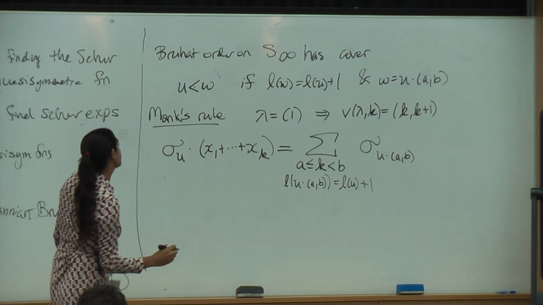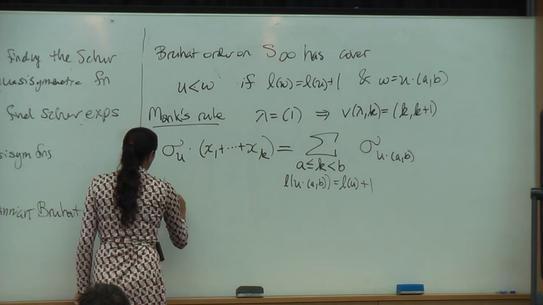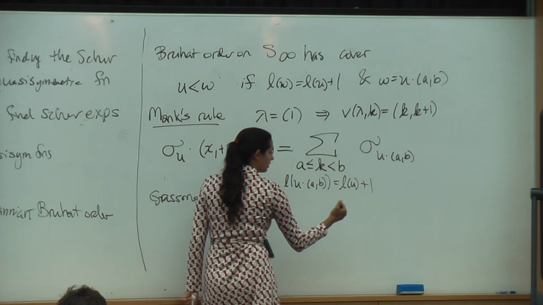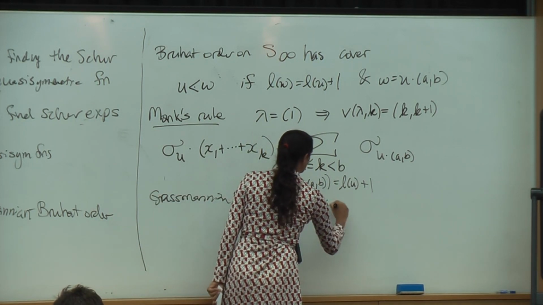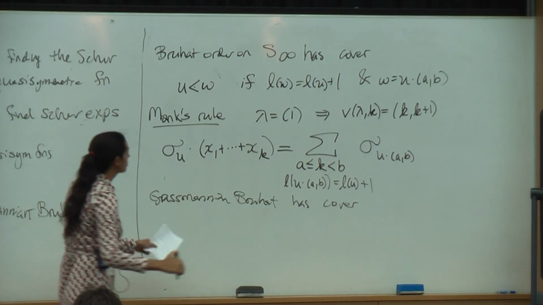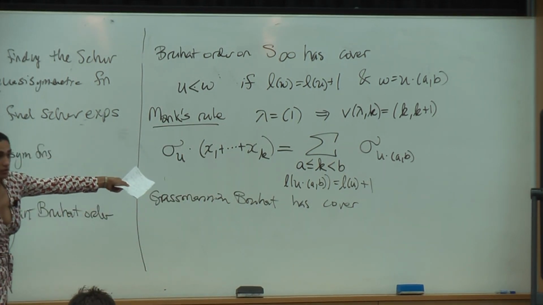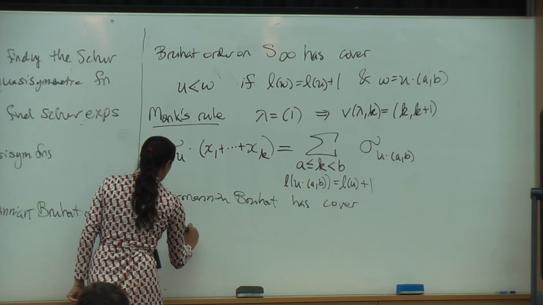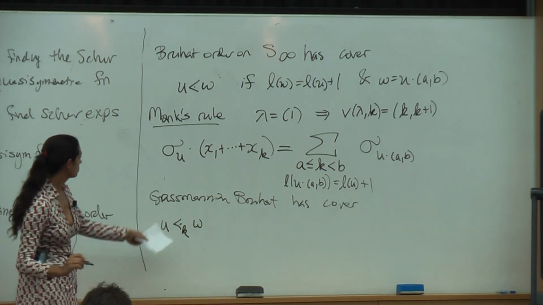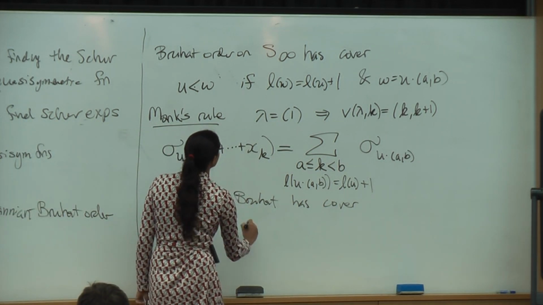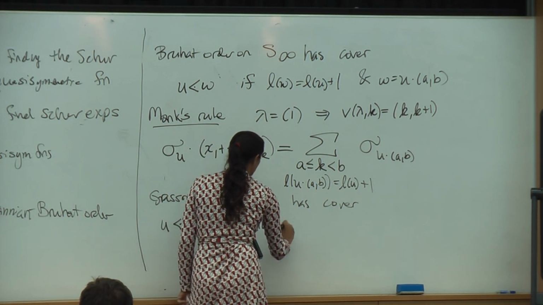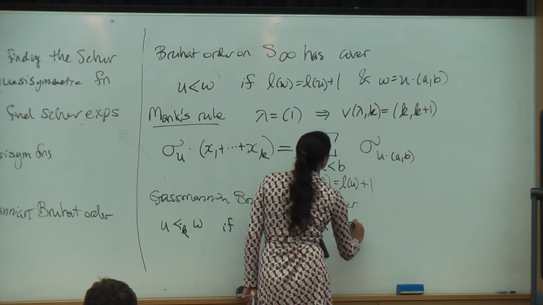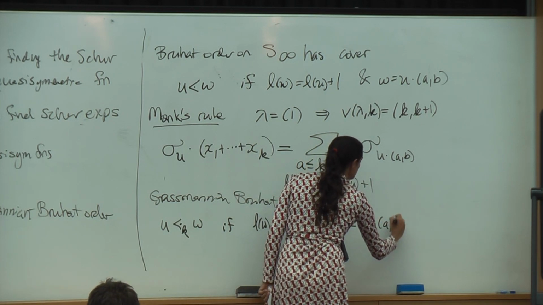So inspired by this, we're going to have the Grassmannian Bruhat order, and it's going to have covers. Its covering relations are going to be basically everything that appears in Monk's rule. So you're going to say that u is k-covered by w, the little k down there, if the length of w has to equal the length of u plus 1, that hasn't changed, and you want w to equal u times the transposition, that hasn't changed.